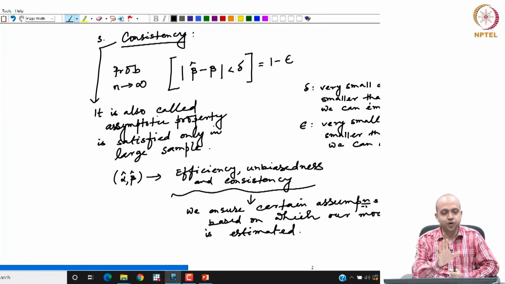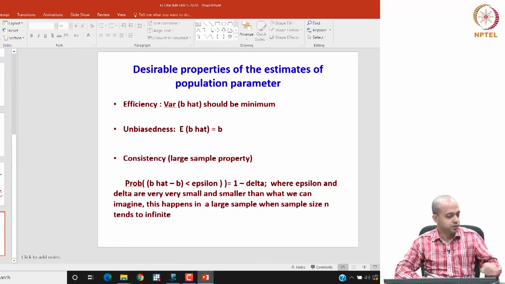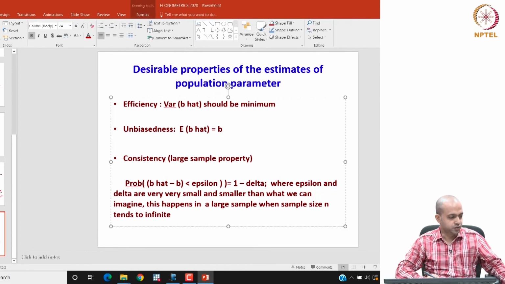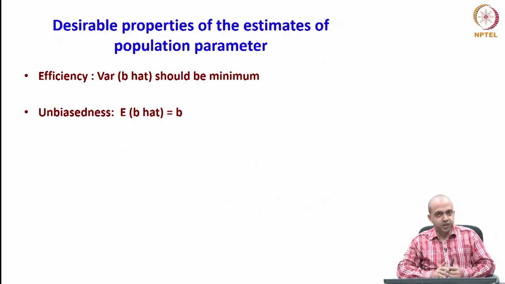So, right now what we have discussed is the properties they must exhibit before we actually apply this alpha hat and beta hat for policy purpose. Okay, for policy purpose. That is what is mentioned here. All right. So these are the desirable properties, and with this we are closing our discussion of this module.